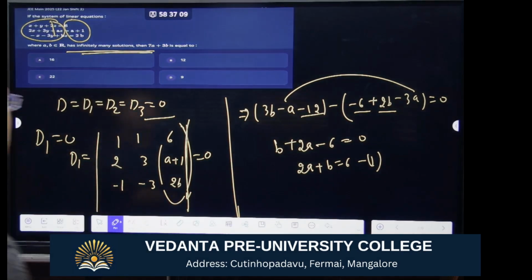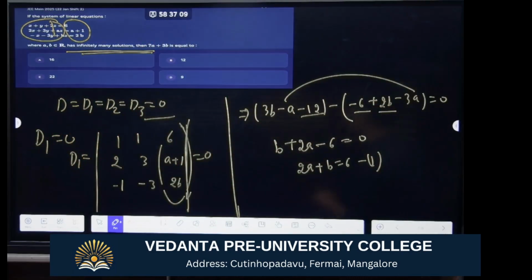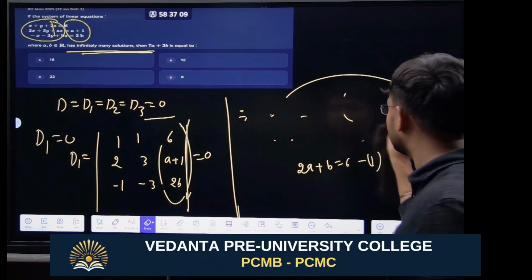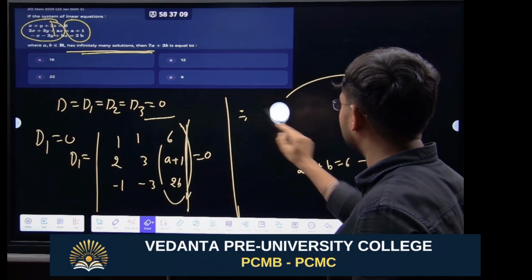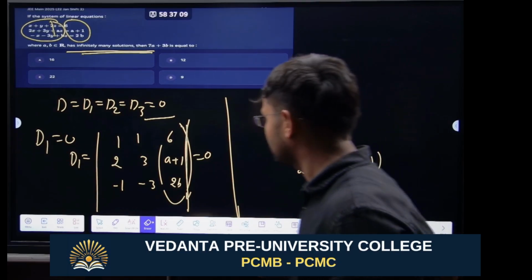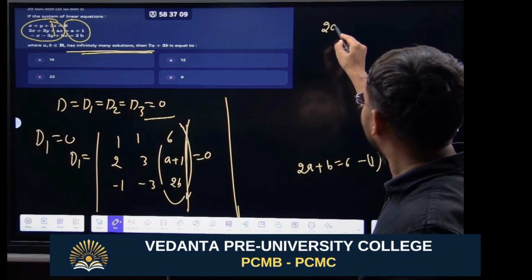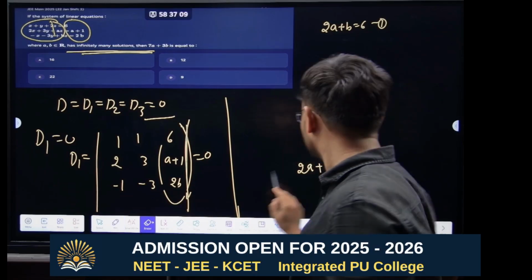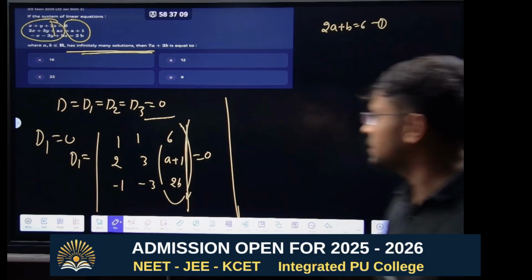Okay, now you find for D1. Now let me solve for D1. So this is one relation. Let me erase this; only the result I'll write and keep it safe: 2A plus B is equal to 6, which was there from the first. Now let's solve this.